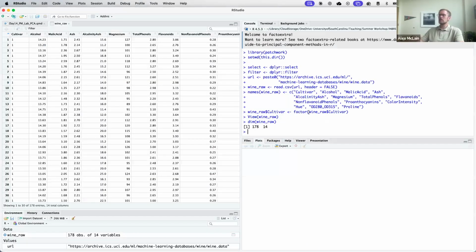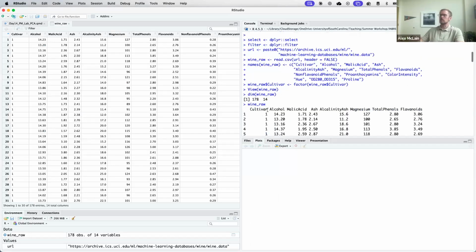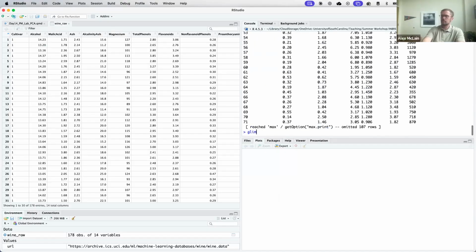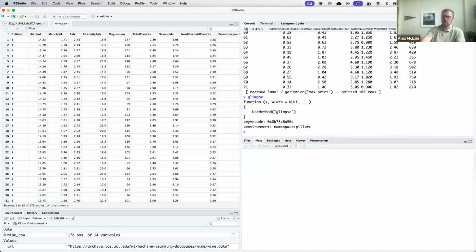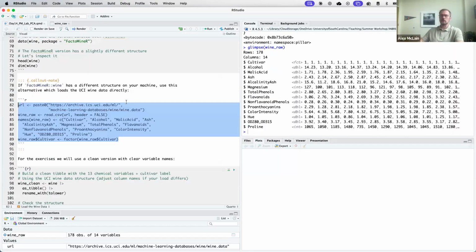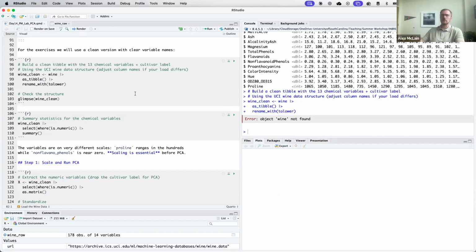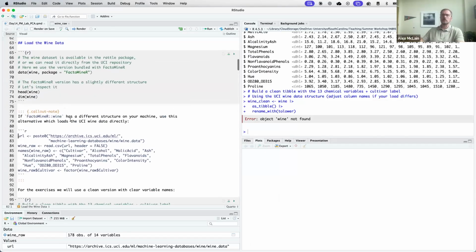So here, yeah, we've made this cultivator a factor for this one, so that's not going to be a numeric variable. I just wanted to make sure that it will work for either version of this data set.